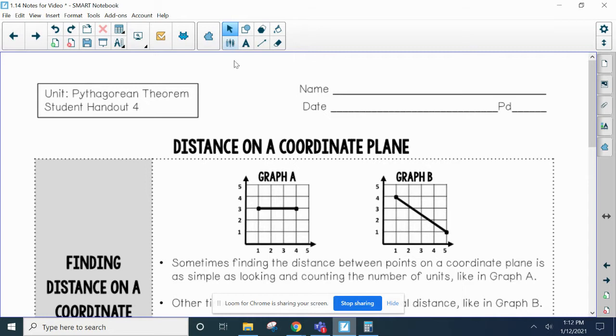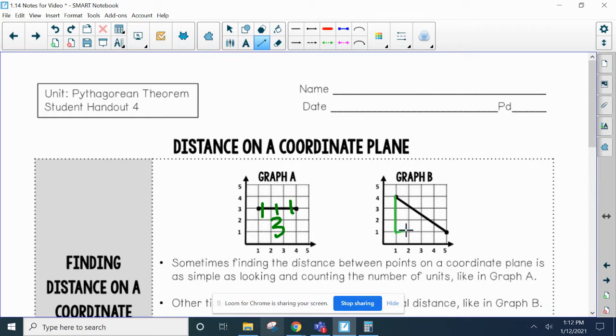Like in graph A, I can go 1, 2, 3. Those are 3 away. Or from 4 minus all the way to 1 is 3 units. But what if I had a distance like graph B, where I have a diagonal measurement?